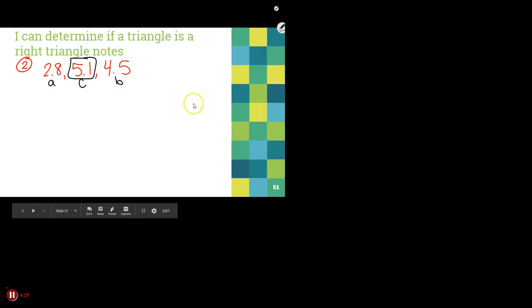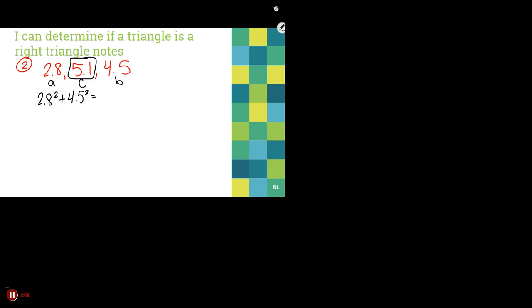What that is telling us is side C. The other 2, it doesn't matter which one we make A and which one we make B. So now we're going to plug it into our formula. We have 2.8 squared plus 4.5 squared equals 5.1 squared. I want you to pause the video, take the time, and just evaluate those numbers.